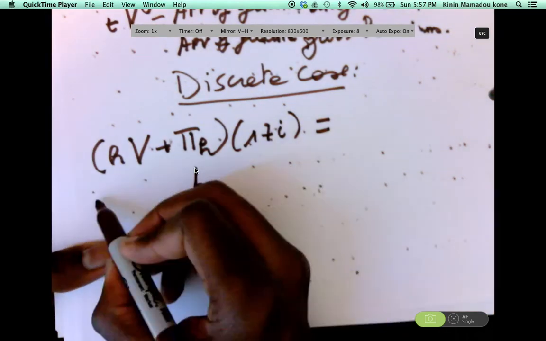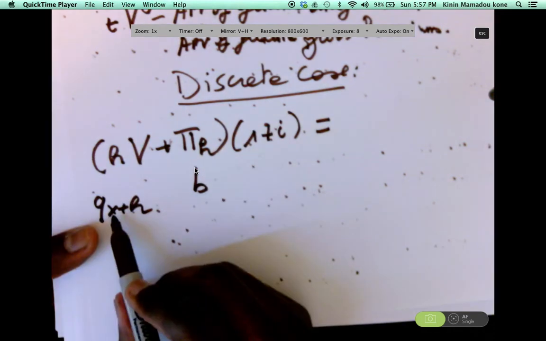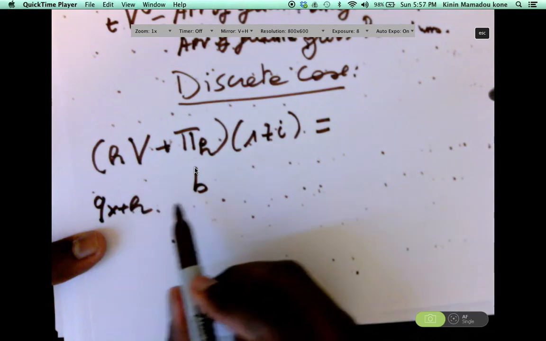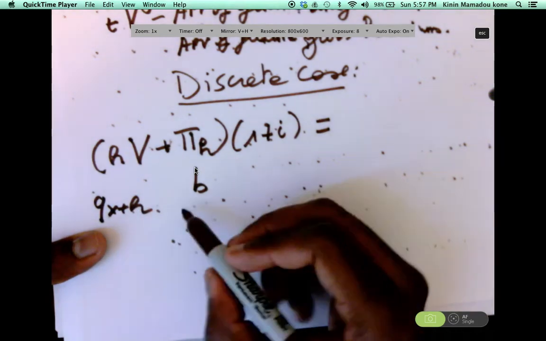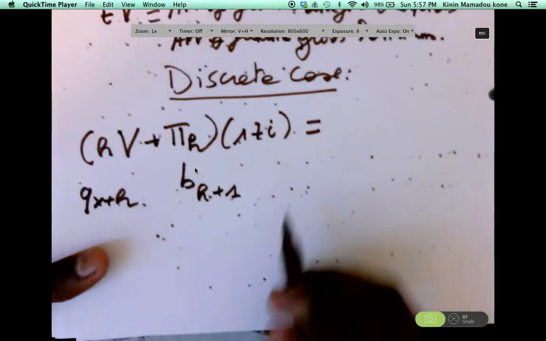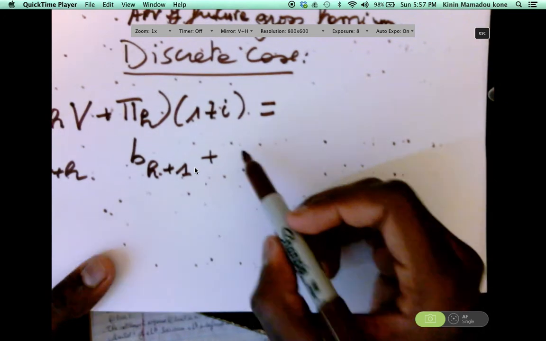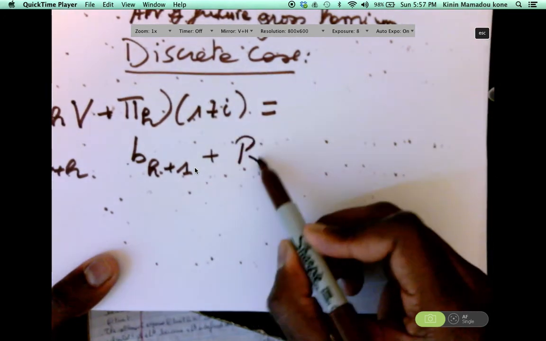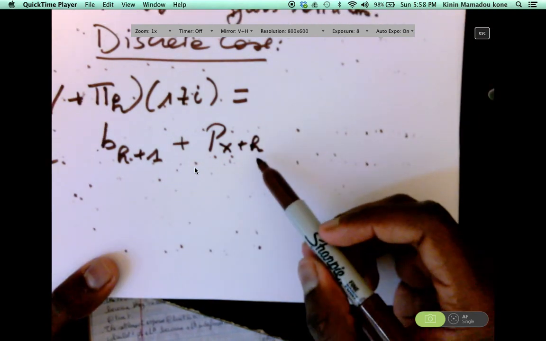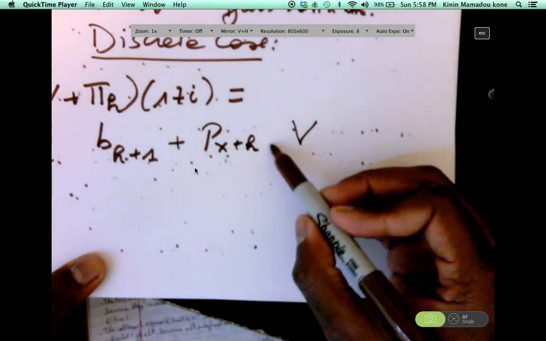An individual age x dies h plus 1 years from now, and when he dies he receives a benefit, or he survives and we have to have a reserve at h plus 1.